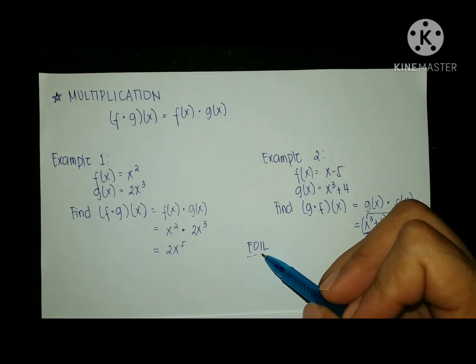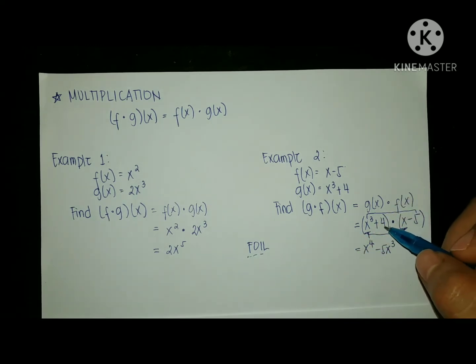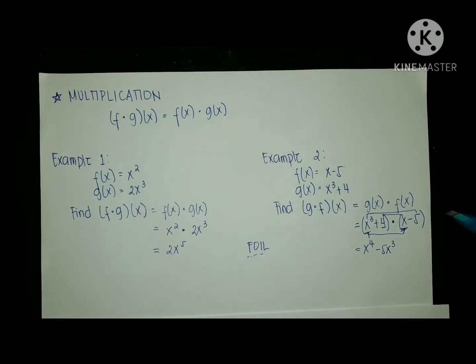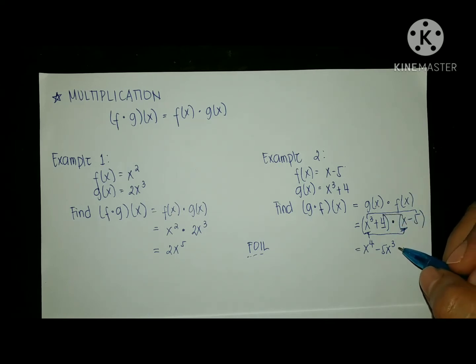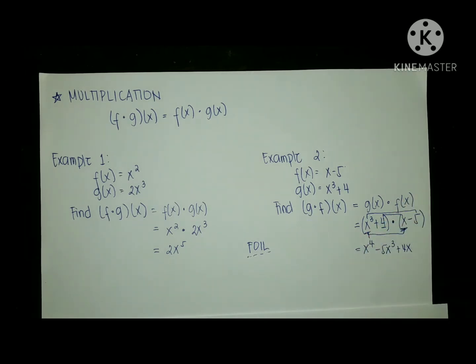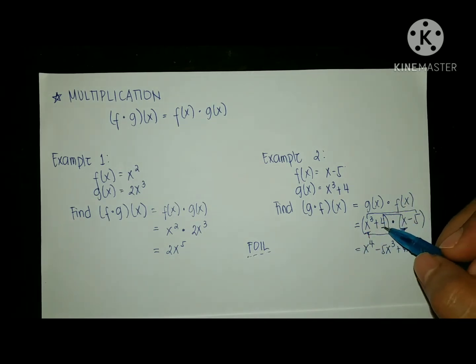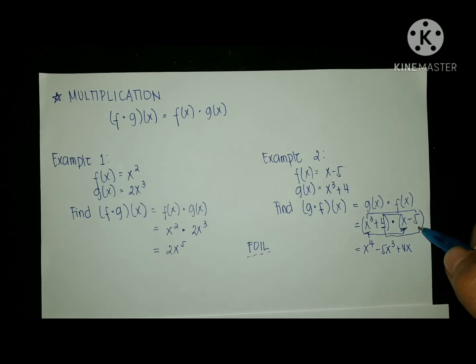Then the inner terms, we have 4 and x. So 4 times x, that is 4x, so plus 4x. Then the last terms, we have 4 and negative 5. So 4 times negative 5, that is negative 20.